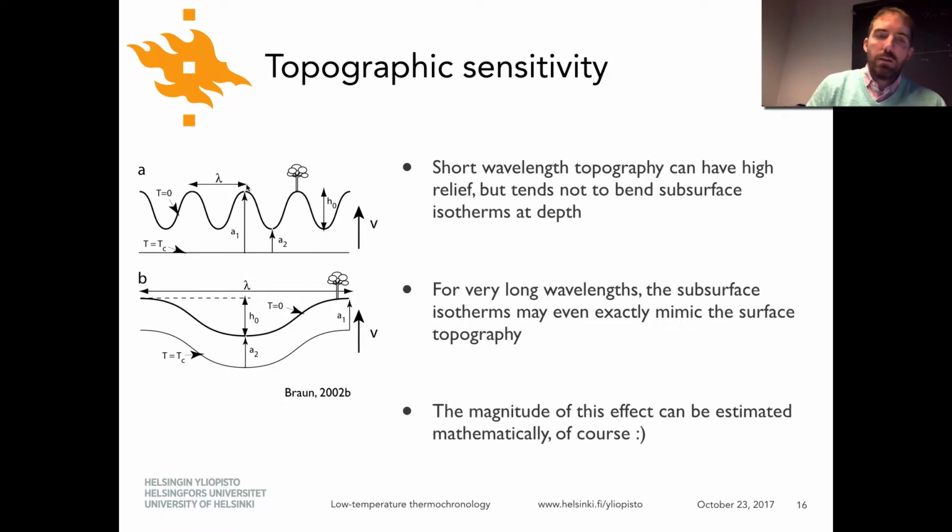Now, there's not necessarily a clear reference point for what this horizontal wavelength should be in order to end up with horizontal isotherms. But the point is that for very short wavelength changes in elevation of the surface, you can end up with horizontal isotherms.